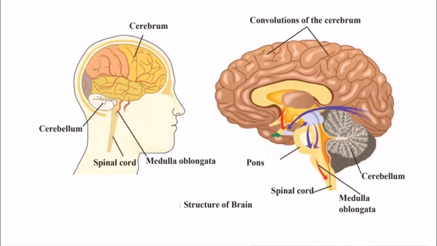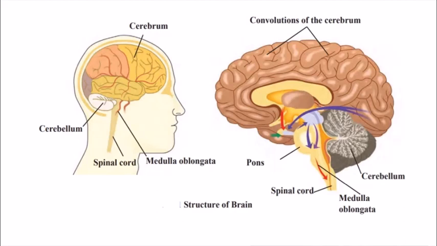Its surface has deep ridges and grooves called convolutions, and the convolutions increase the surface area of the cerebrum. Therefore, a large number of nerve cells can be accommodated inside our cerebrum. Then we have the second part, called the cerebellum.